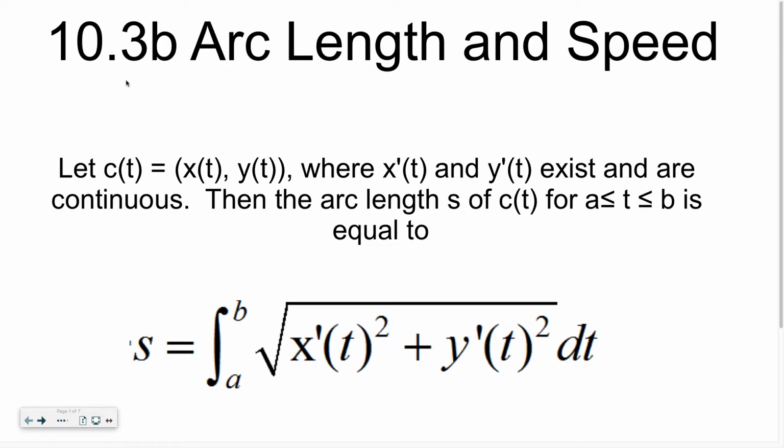It's just in parametric, instead of 1, it's x prime of t squared, together with y prime, dt under the radical. So basically we take that radical 1 plus dy dx squared and rearrange it with parametric, and it's the square root of dx dt squared plus dy dt squared.